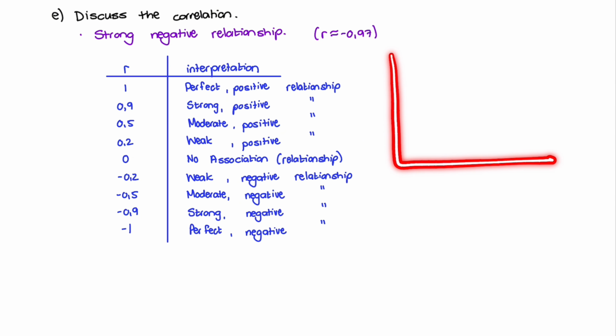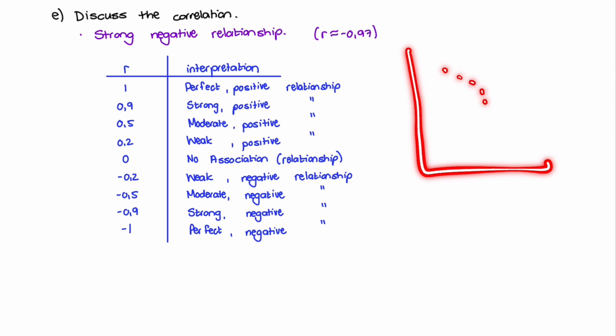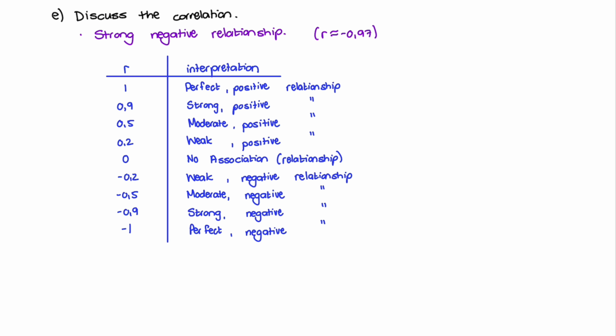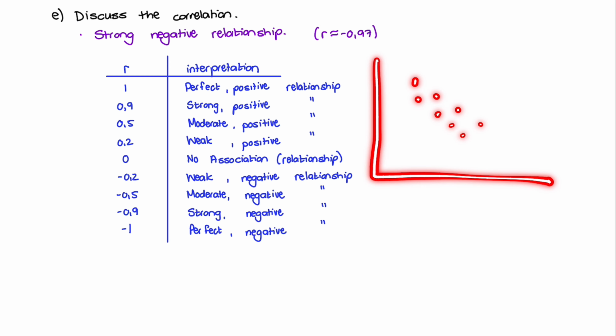For -0.9, you can still see that the data is going downwards, and they are quite close to the regression line. So you can see almost a linear type pattern forming. For negative 0.5, the data is slightly more scattered, but we can still see the downward slope.